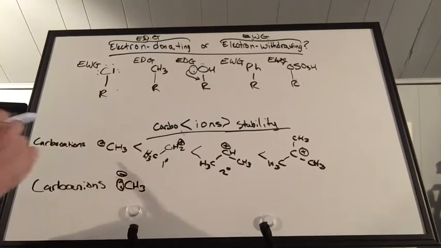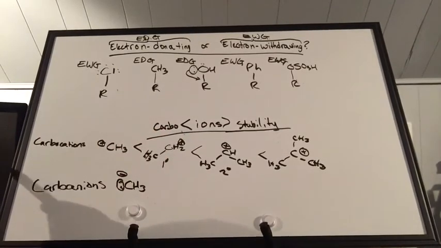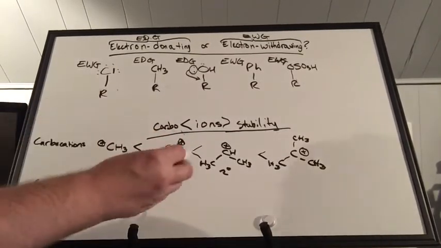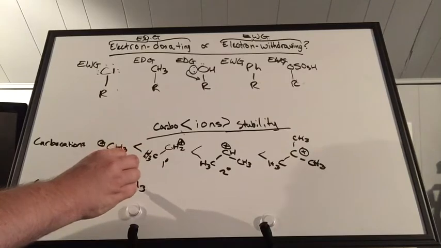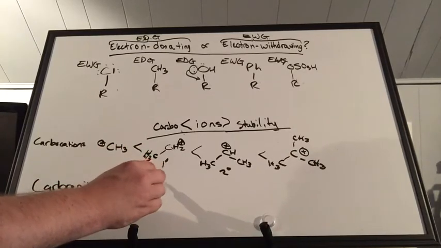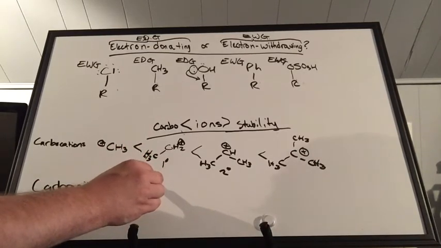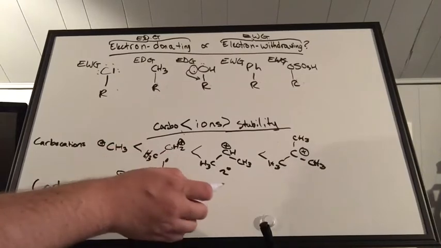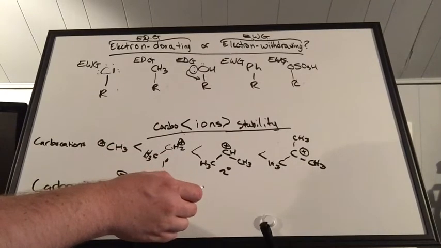These are not things that you can pick up out of a bottle, something I might want to mention to you. Okay, so neither of these really, unless they have a very stabilized counter charge to them.